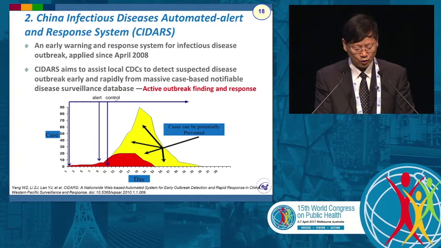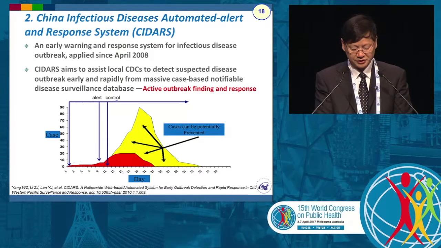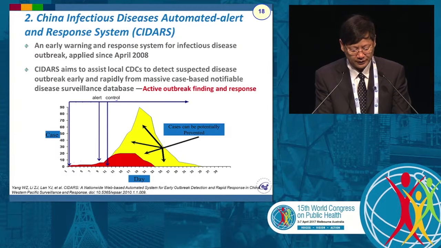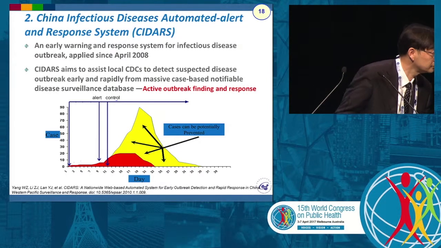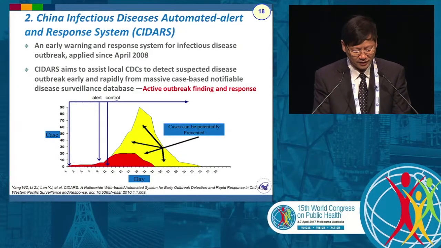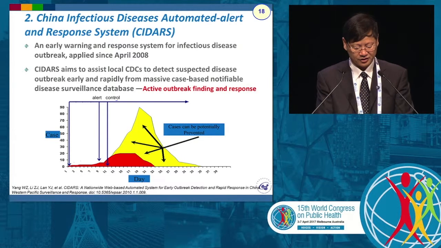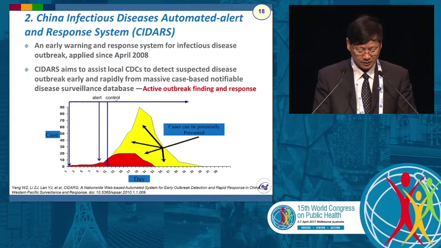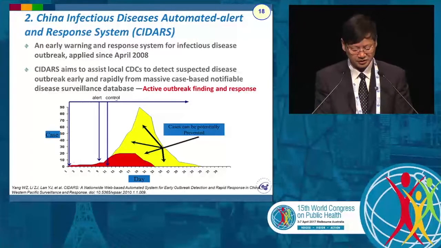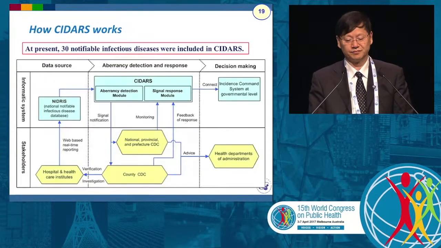Now, I would like to introduce an early warning and response system for infectious disease outbreaks in China, called the CDAS, the infectious disease automatic alert and response system, which assists personnel and local CDCs in dealing with outbreaks.